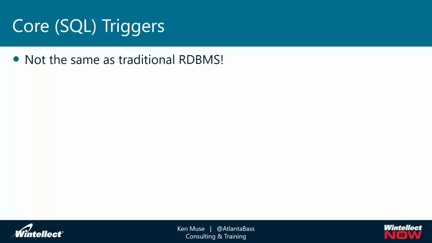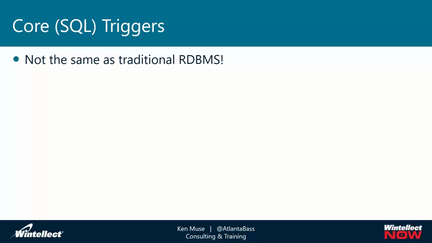Unfortunately, the way they work in Cosmos is very different from what you're used to. So I want to highlight this. This is not a traditional relational database. Cosmos is not going to behave like a SQL Server or an Oracle. It is NoSQL. But triggers do give us an ability to do things that are more like a relational database.